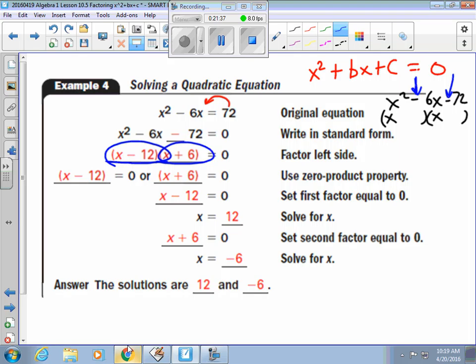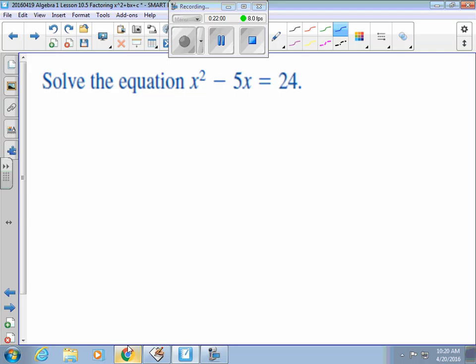X squared, 12 squared is 144, minus 6 times 12, which is 72, gives you 72. The same thing with negative 6. 36 minus a negative 6 times 6 means plus 36. And 36 plus 36 does give you 72.